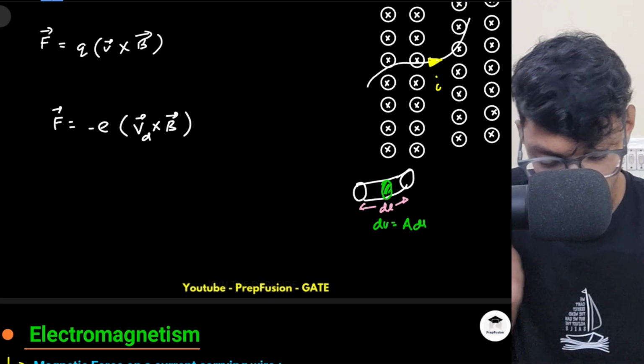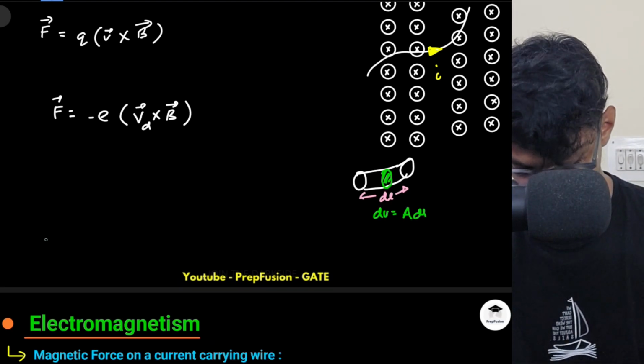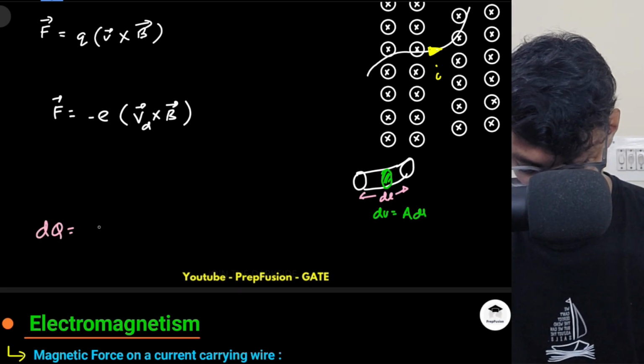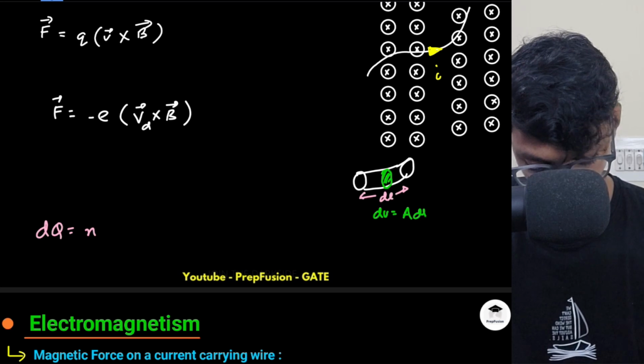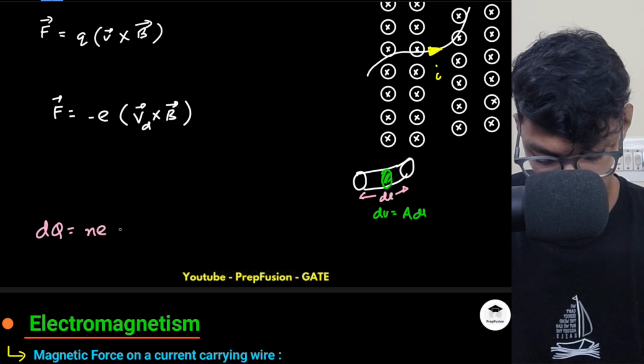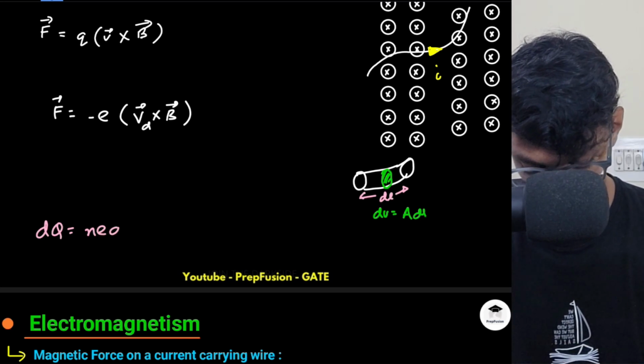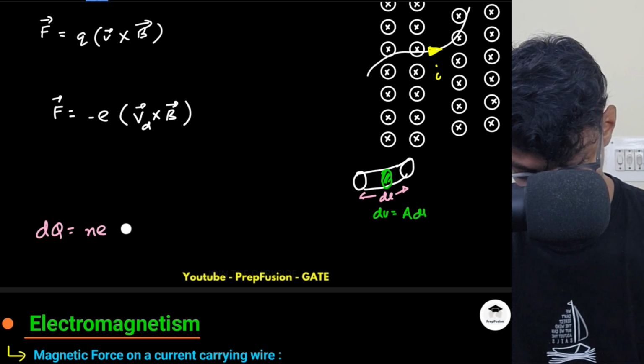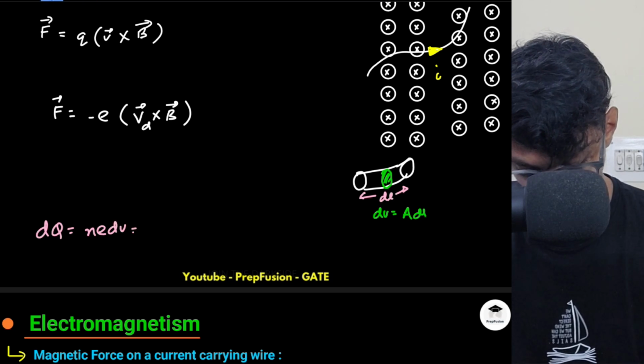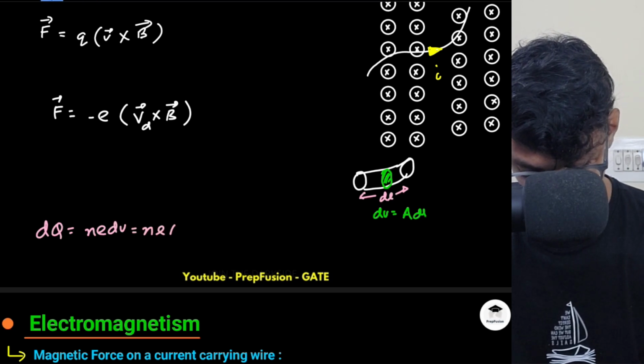So what is the amount of small charge dq that flows through this? The small charge dq will be n e, that is the charge, into the volume dV, which equals n e A dl.